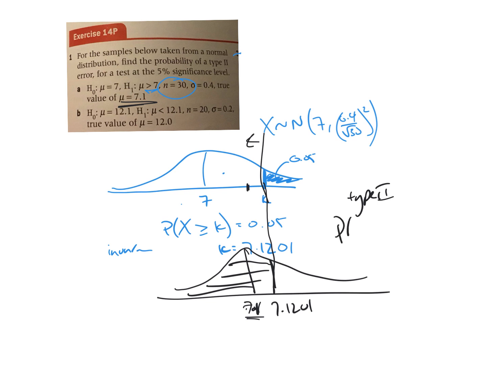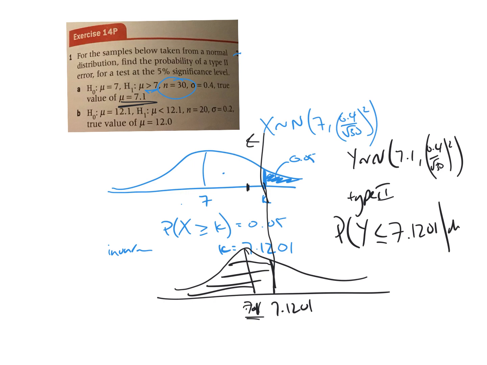So I'm going to look for the probability that y, where y is normal, but 7.1 with the same standard deviation. I want it to be less than or equal to 7.1201, given the mean is 7.1.